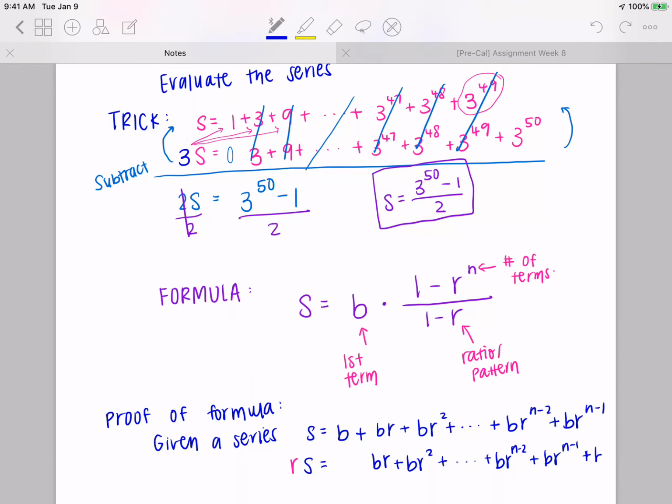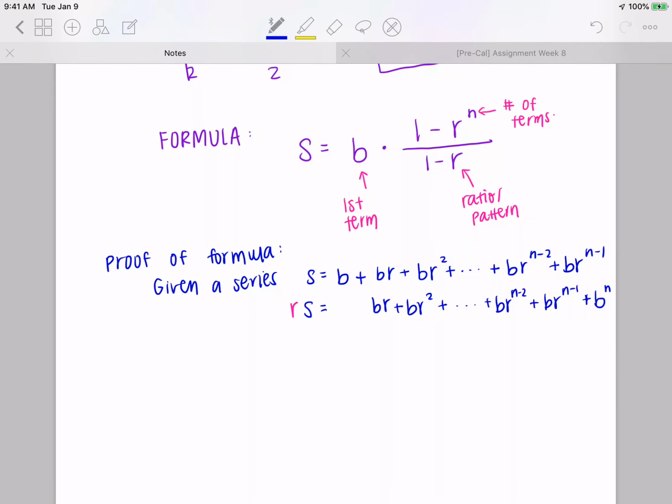It's going to be BR to the n power. Okay? And then we're going to find what happens when I subtract them. If I subtract them, I get RS minus S equals, all of these get canceled out, we get BR to the n minus B.